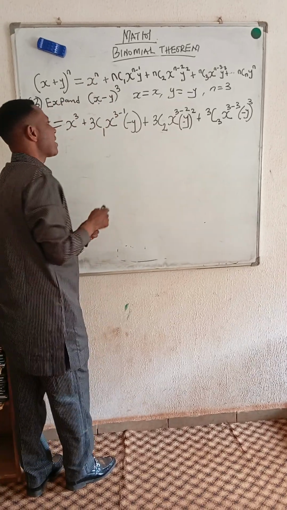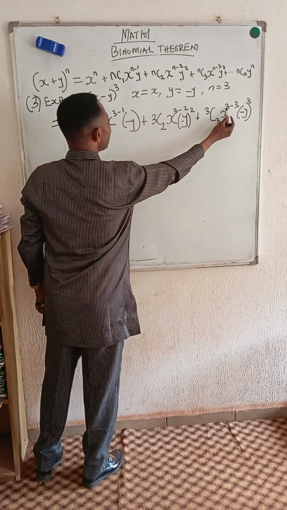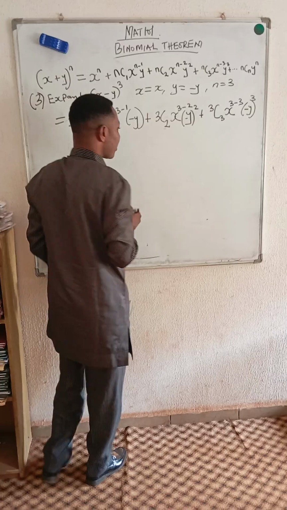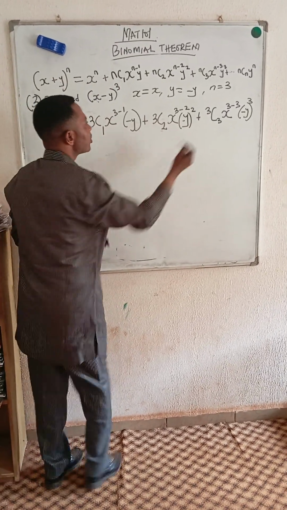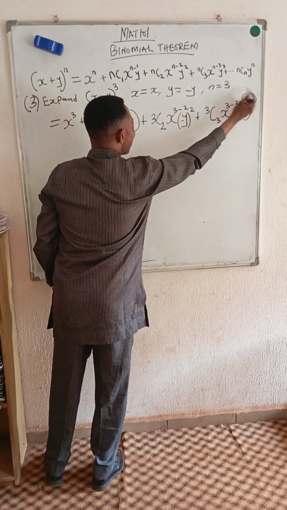So we are going to stop here because 3 minus 3 is 0. So x is raised to the power of 0, while y is raised to the power of 3, which is our n, because n is 3.